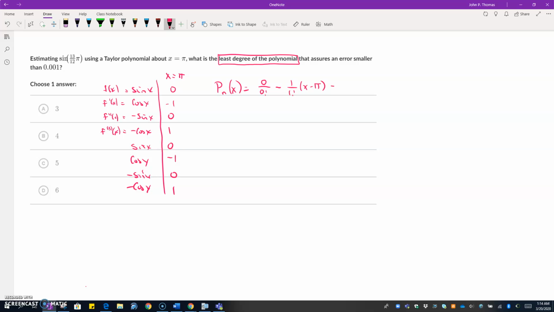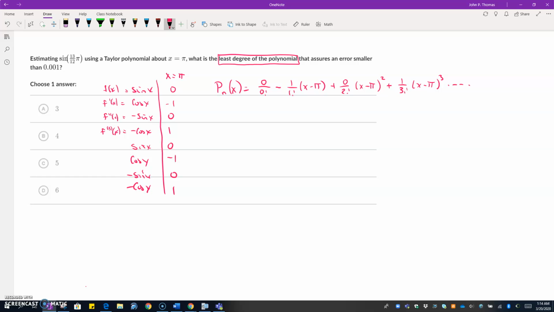Then our next term, plus 0 over 2 factorial, times x minus pi to the second. Then the next term, plus 1 over 3 factorial, x minus pi to the third. And we're going to keep going with that.